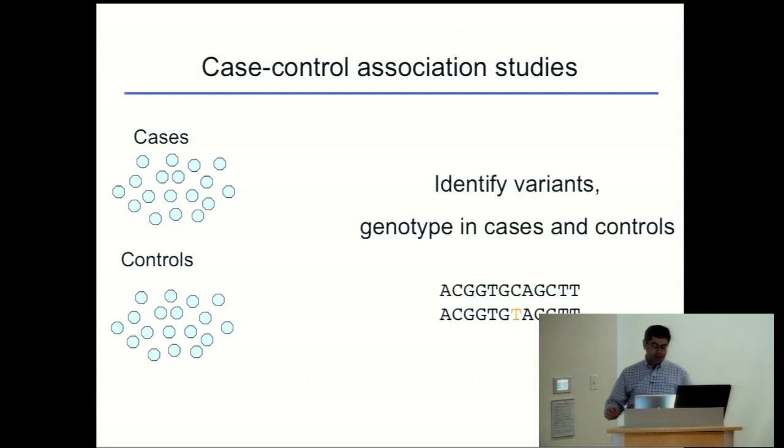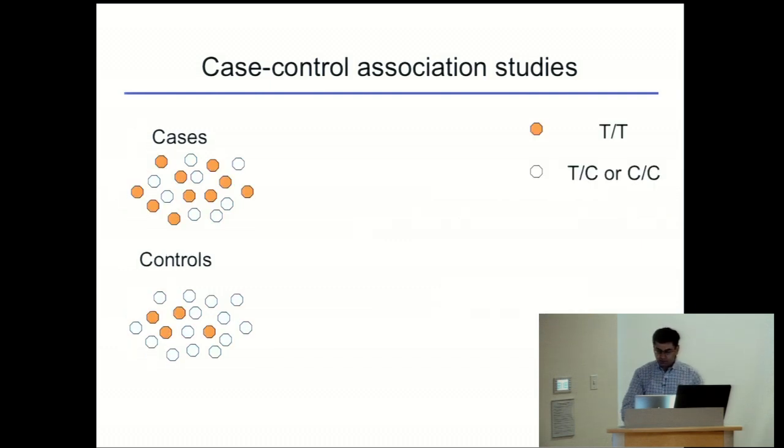So what you do is you identify variants, and typically that's a few hundred thousand or a million or millions of variants on whatever genotyping platform you happen to be using, and in fact maybe even more variants when you use those to impute genotypes at variants that happen not to be on your genotyping platform. But in any case, you're going to test variants for an association with disease status or with your quantitative trait.